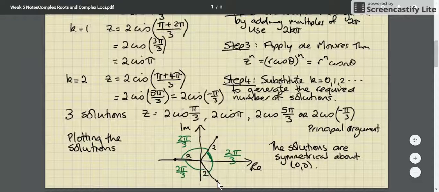The third one, a modulus of 2 and an argument of -pi over 3. So you notice that all of these solutions are actually 2 pi over 3 apart. It's 2 pi over 3 because 2 pi is the full circle, divided by 3 because there are 3 equally spaced solutions.